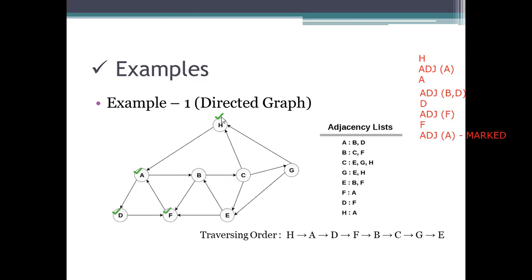So the traversal is H, A, D, F. Now we have the outlink from F to A. Since it is a marked one, we won't traverse to this one. And what we need to do is backtrack to the node where we started. So here it will be backtracked to this.